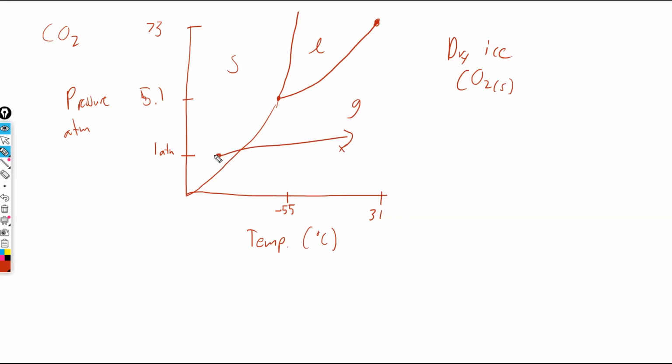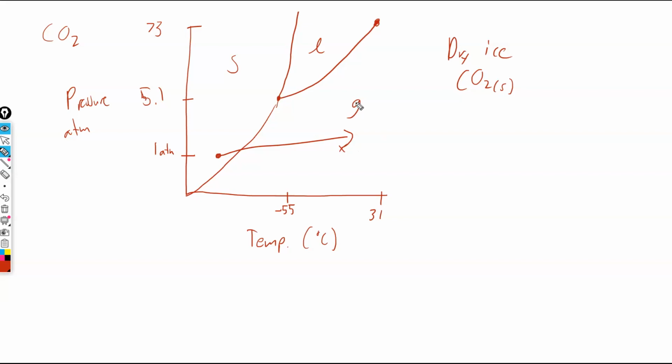So CO2 will actually undergo sublimation to get to where it wants to be at the temperature, which is approximately over here. So if you've ever seen dry ice, you put it on a table, automatically you see vapors coming right out of it because at our specific pressure and at the temperature we're at, it doesn't want to be a solid. So it'll automatically sublime to a gas to be where it wants to be.